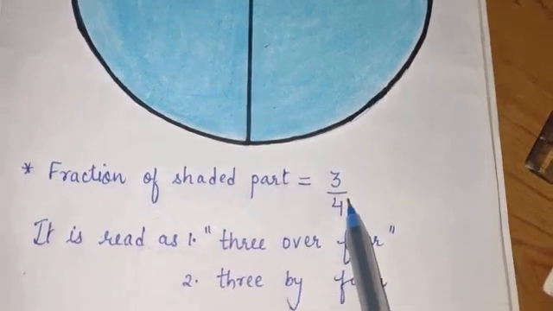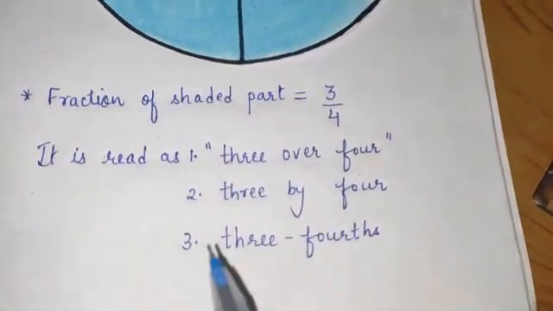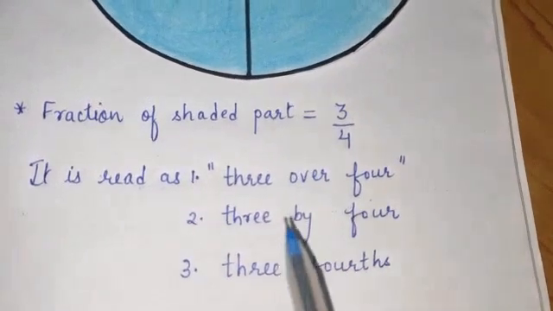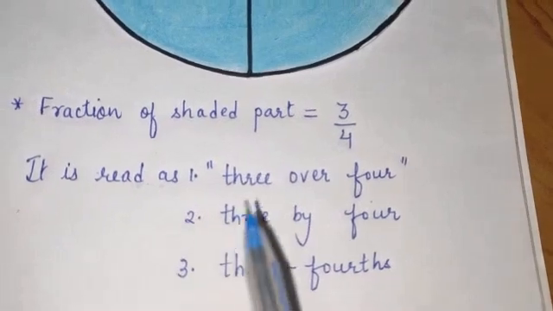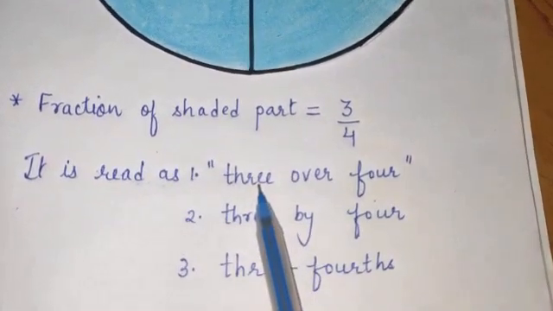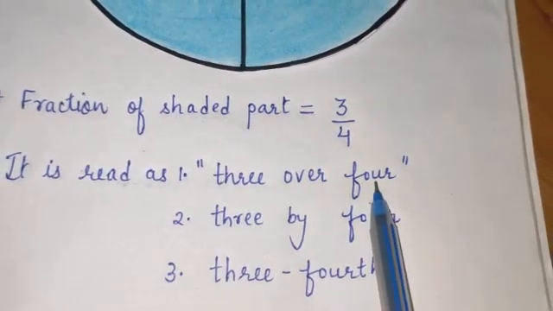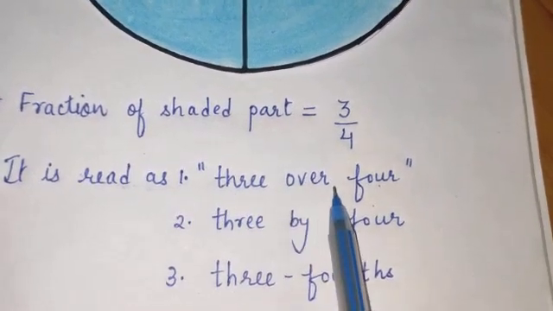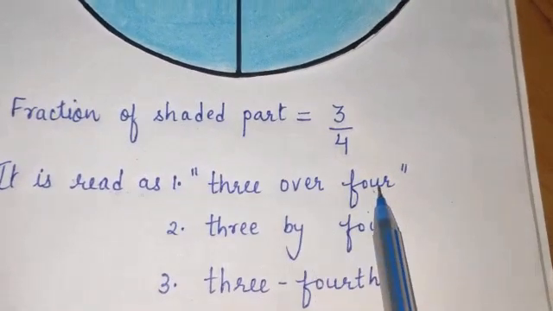Let us now look at how it is written in name, or how it is read as a name. So you can read it as "3 over 4". Okay, over means ऊपर. ठीक है, 3 is over 4.